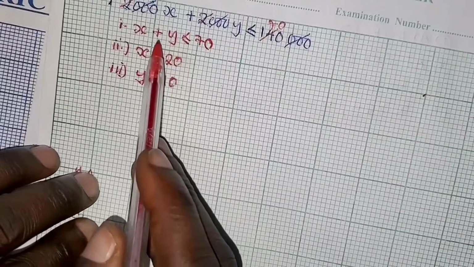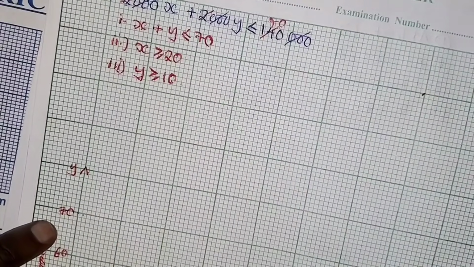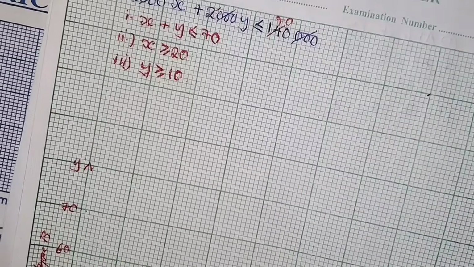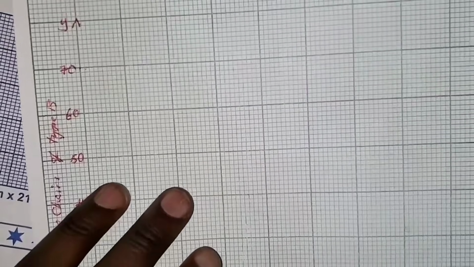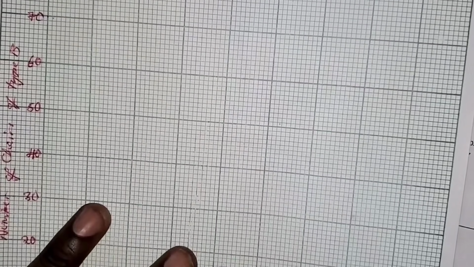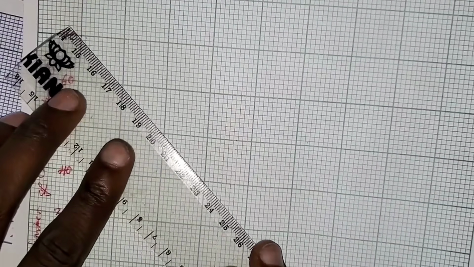Our graph is passing through 70 on the y-axis and 70 on the x-axis, like this. Let me just show you. So it's passing through 70 here and 70 down.